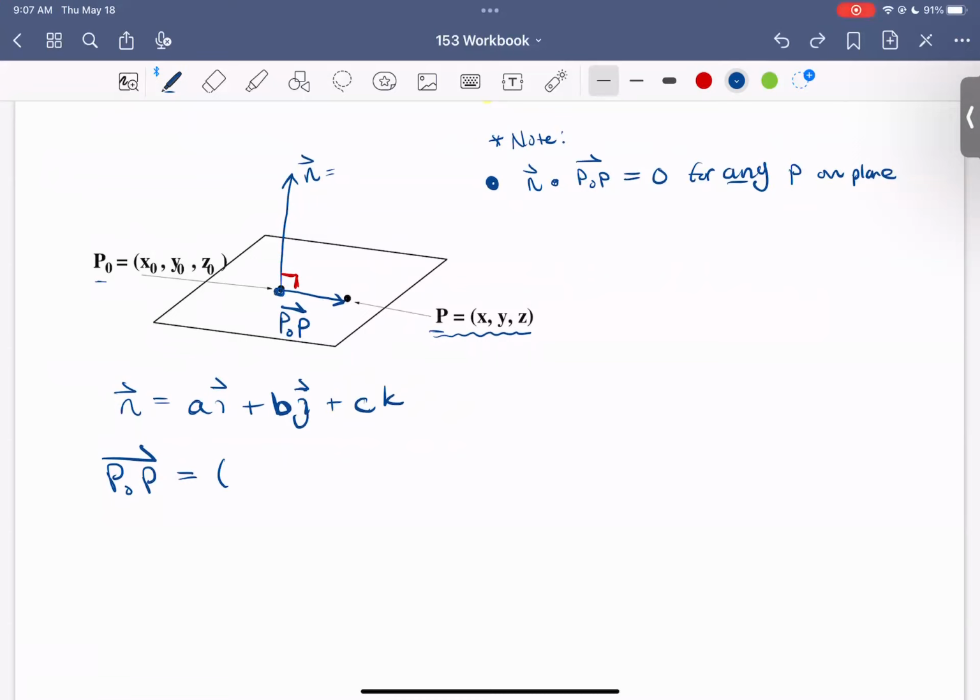If we want to write the vector between two points, P and P naught, we start with P and subtract out P naught. This is pretty obvious in one dimension or two dimensions. In three dimensions, it just continues to work the same way. So that would look like x minus x naught i plus y minus y naught j plus z minus z naught k.